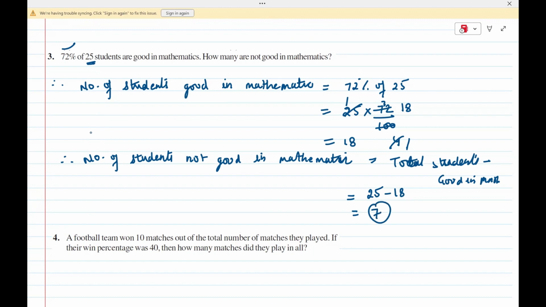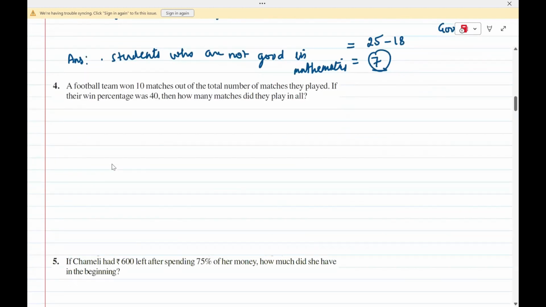So 7 students are those who are not good in mathematics. So always write the final answer in the sentence they have asked. So, how many are not good in mathematics? Students who are not good in mathematics is equal to 7. Let's move to the next question.